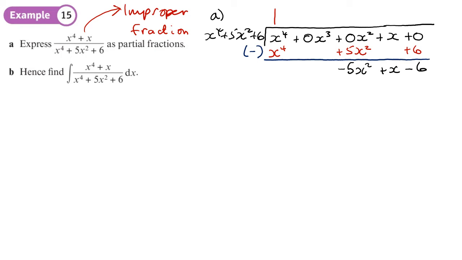So what does that tell me? That tells me that x to the power 4 plus x divided by x to the power 4 plus 5x squared plus 6 is equivalent to 1, that was my quotient, minus this, the remainder, over the divisor.